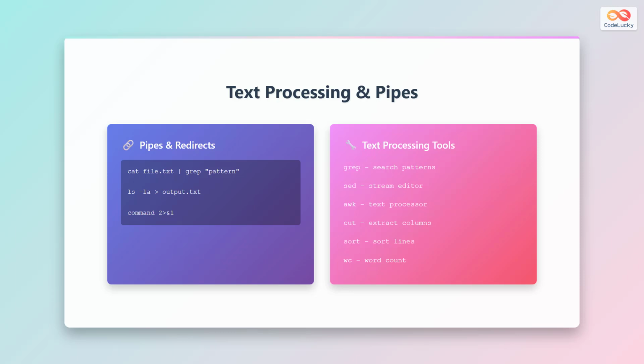Text processing and pipes are fundamental for data manipulation in shell scripts. Pipes, represented by the vertical bar symbol, connect commands by passing the output of one command as input to another. For example, cat file.txt | grep pattern searches for patterns in a file. Redirection operators include > to redirect output to a file, and 2>&1 to redirect both standard output and error.